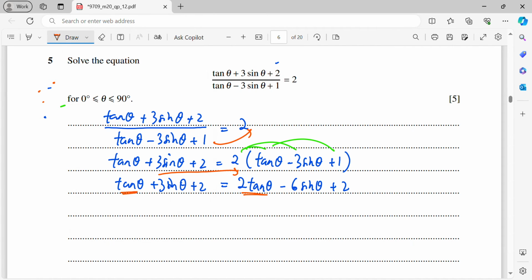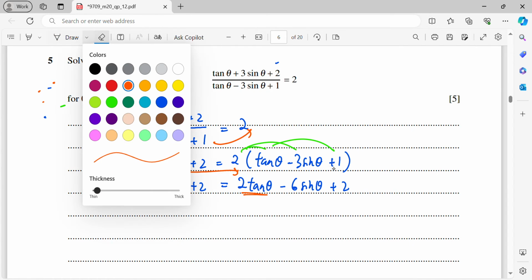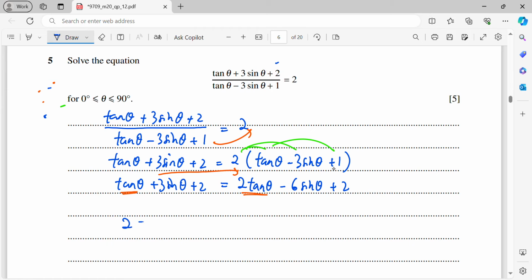So now I will minus, meaning that you are getting 2 tangent theta minus 6 sine theta plus 2 minus all the terms on the left side. Since all the terms on the left side initially were plus, now when you move them to the other side, all of them become minus.